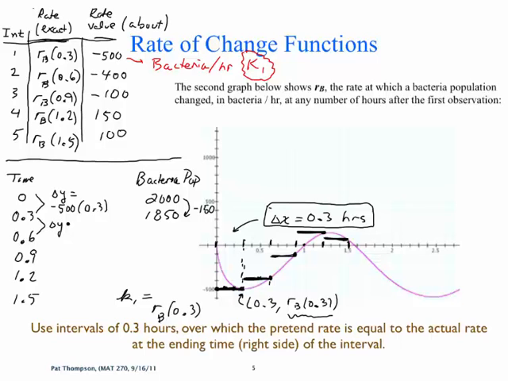Delta Y equals negative 400 times what's delta X? 0.3. Still 0.3. It's another change of 0.3 hours. So that's going to be negative 120 this time, plus 1850 is 1730. Yes.